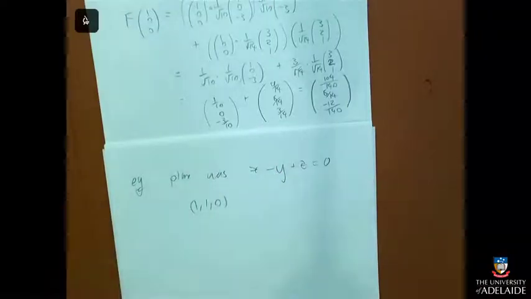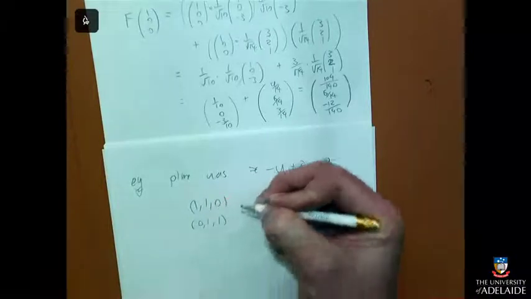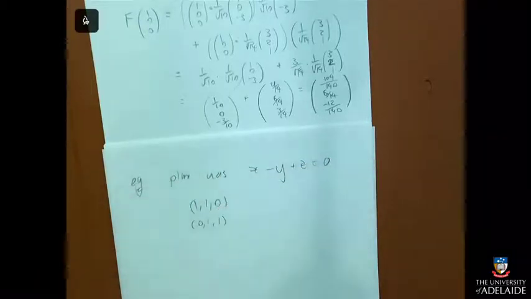Yep, because that works. And 0, 1, 1 would work. And so there's a basis. And I Gram-Schmidt that rather than having to go through the whole process of finding a basis, because I know it's a plane, so I just have to think of 2 basis vectors, which are independent. But if I'm extremely careful, I might be able to come up with something that's orthogonal if I was paying very close attention.